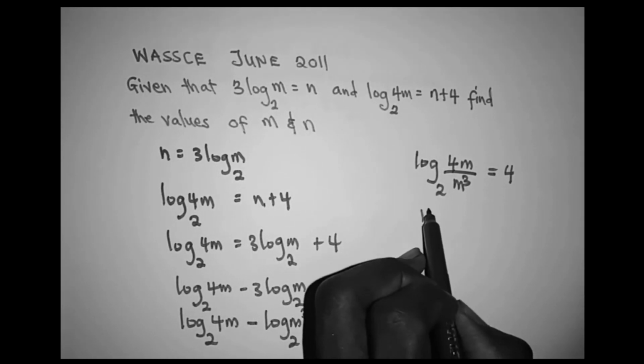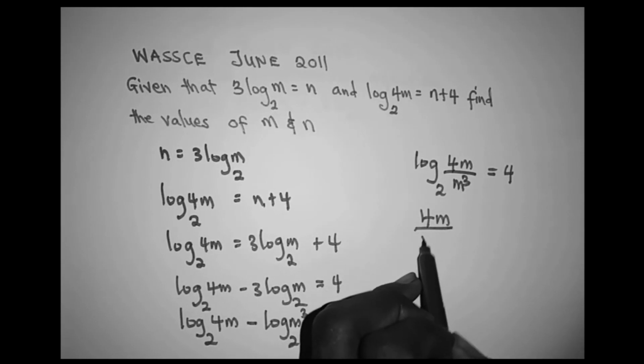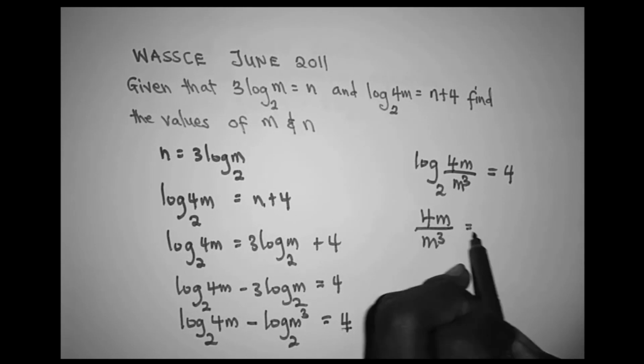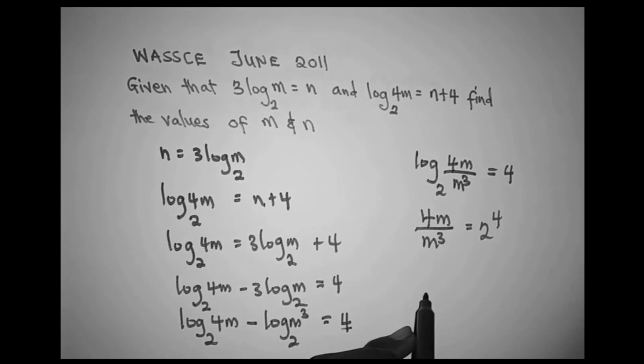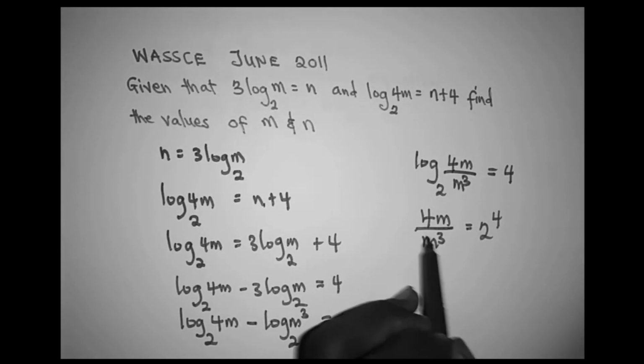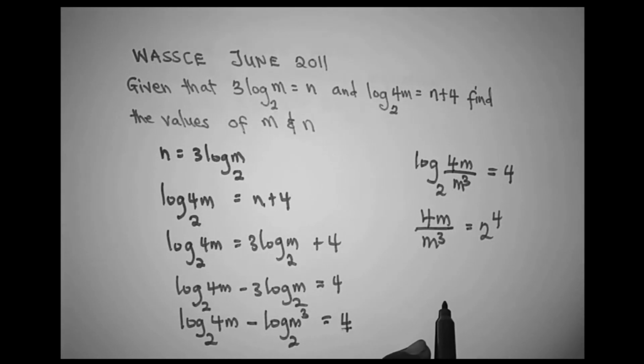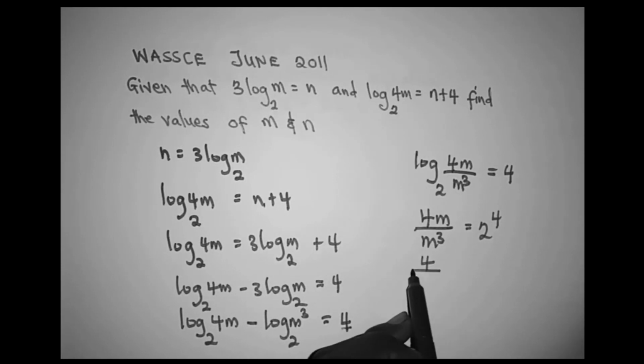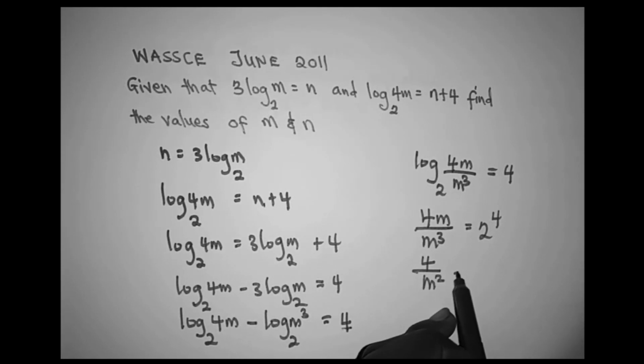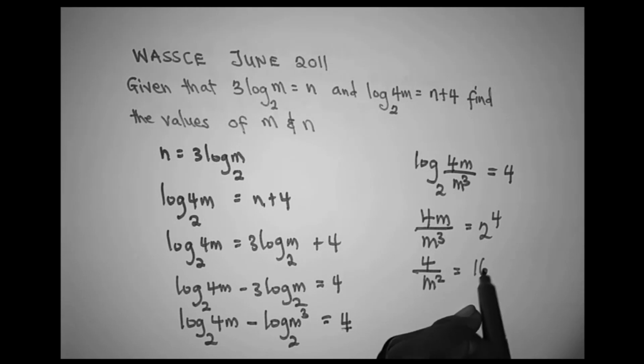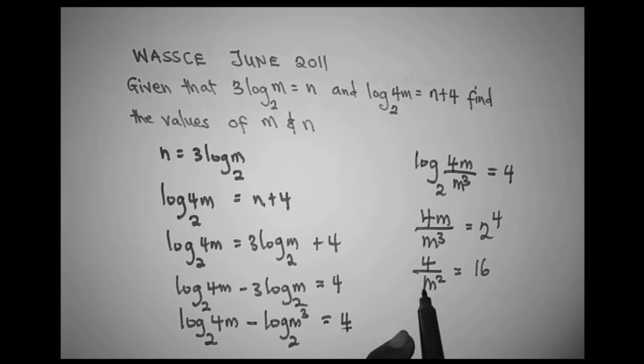So 4m divided by m exponent 3 is equal to 2 exponent 4. So we can see that one of the m's can cancel the one on top. So we have 4 divided by m exponent 2 is equal to 2 exponent 4, which is 16. So we can make m squared the subject.